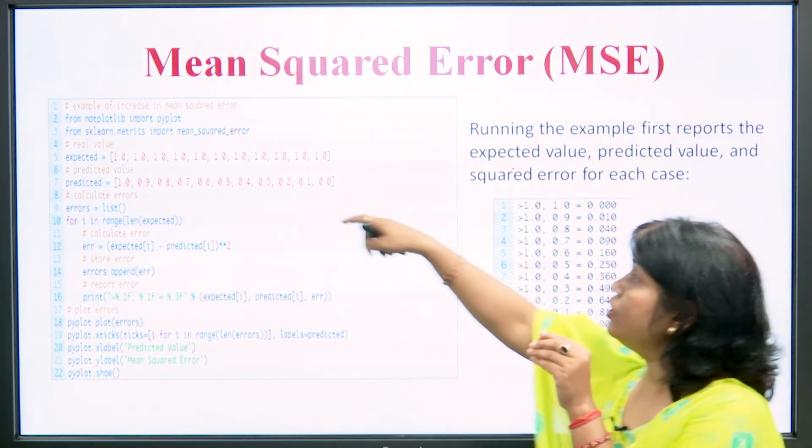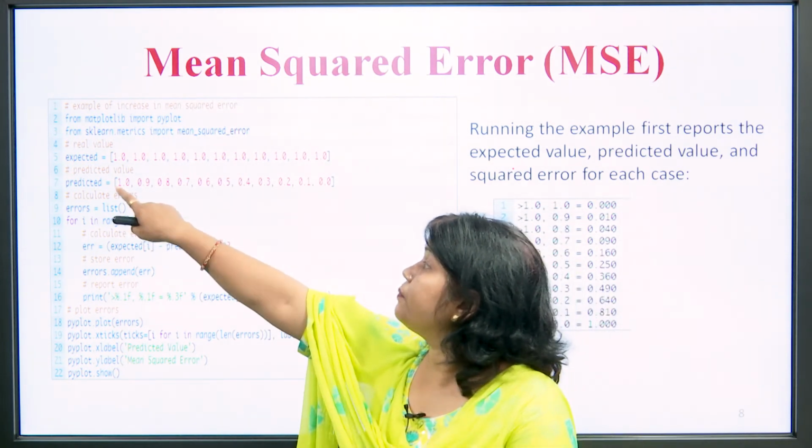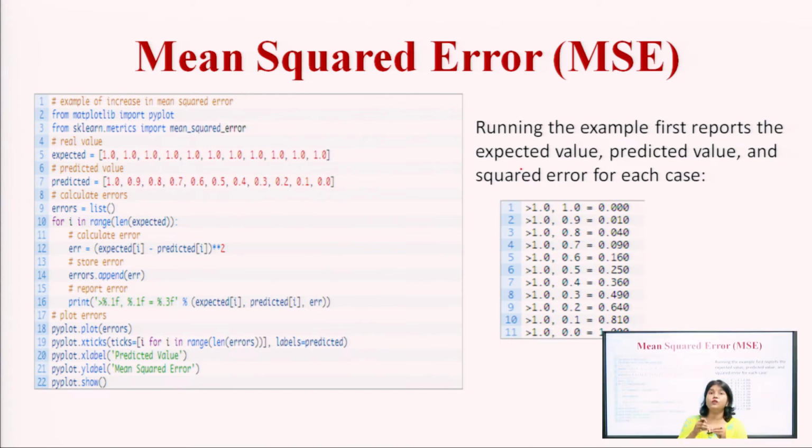The expected value is provided by the supervisor, and the predicted value is the actual output; there may be some deviations at each point, isn't it? You take the differences between the two, square them, and divide by the total number of samples, here 11. That is the mean square error, right.